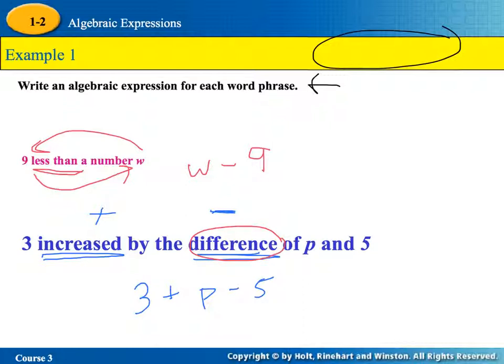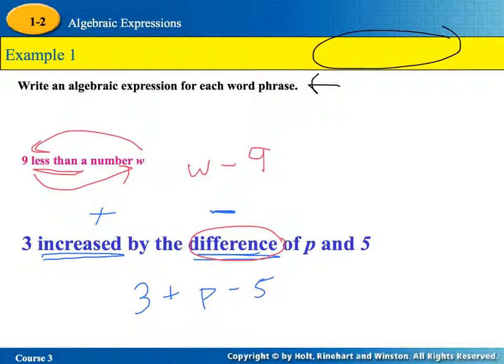So I want to take 3 plus the answer of p minus 5. So I want to have p minus 5 come first. I need to have that problem come first. So what could I put inside this problem to make sure that according to my order of operations, I do p minus 5 first? What do you think?